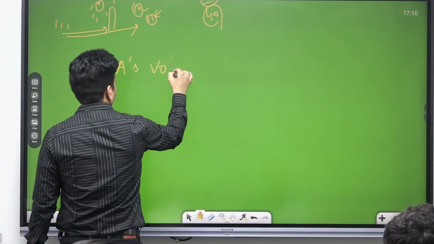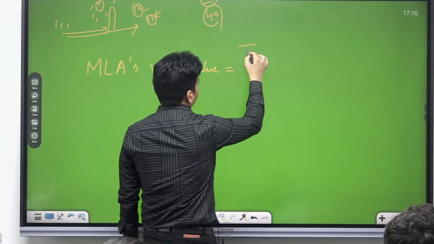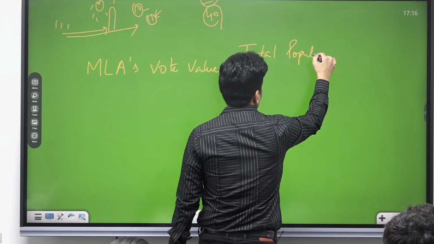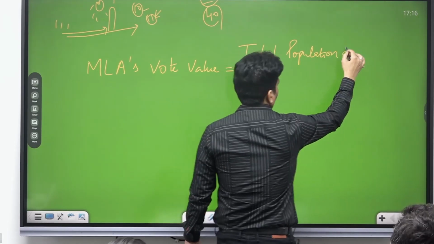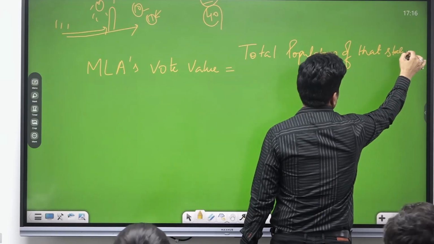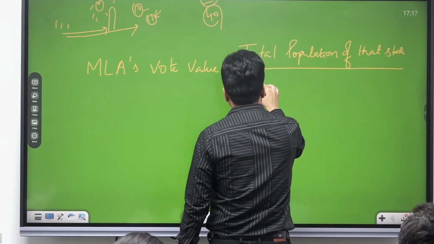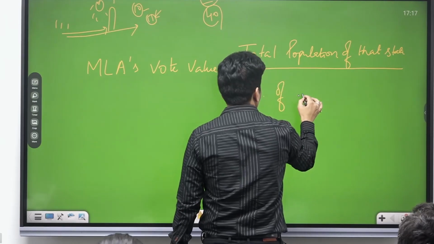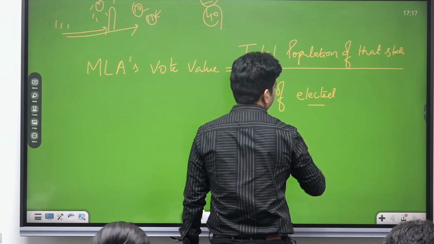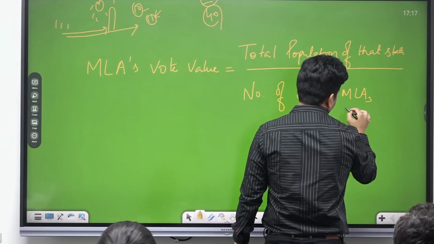MLA's vote value equals total population of that state divided by number of elected, not nominated, elected MLAs in that state.